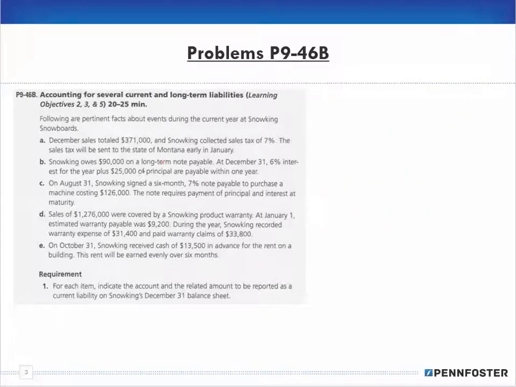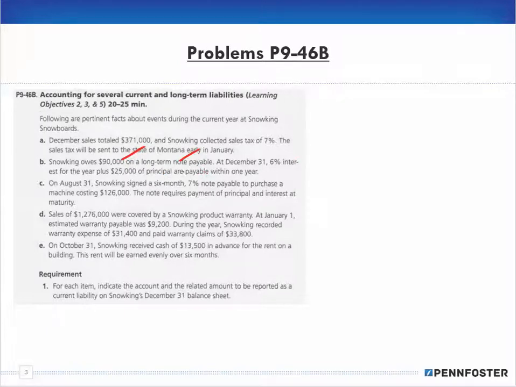All right, B. Snow King owes $90,000 on a long-term note payable at December 31st. 6% interest for the year plus $25,000 of principal are payable within 1 year.